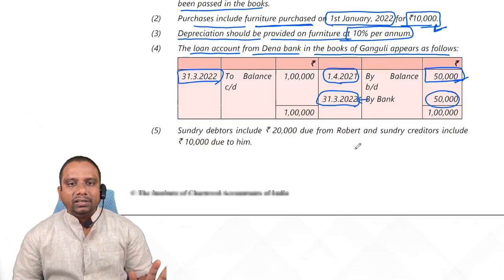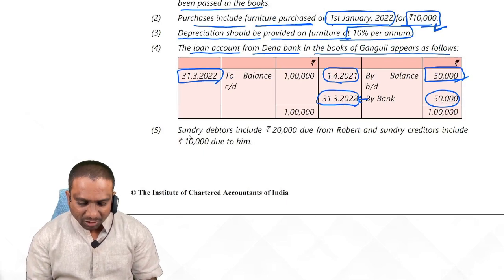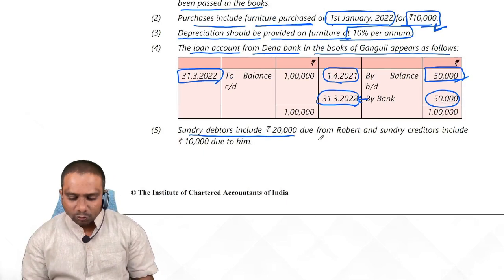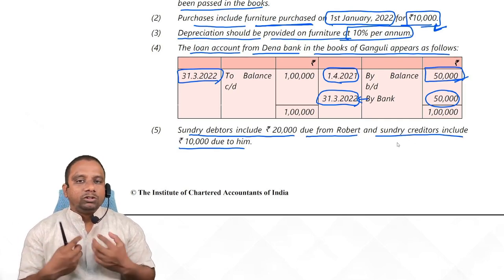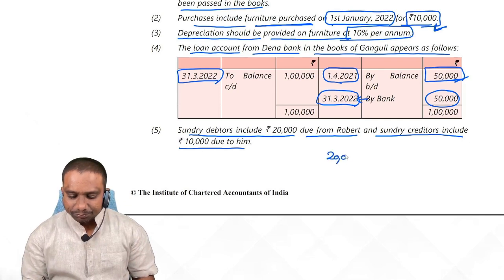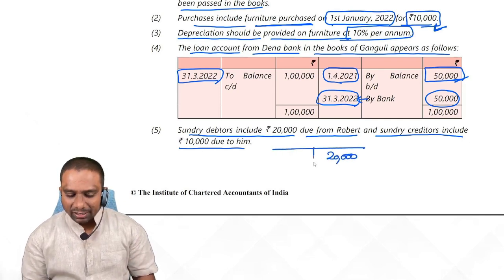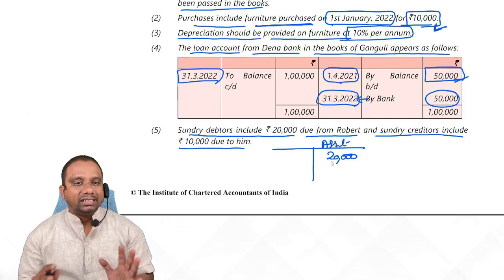Now, observe. Next, sundry debtors include 20,000 due from Robert and sundry creditors include 10,000 due to him. Actually, from Robert we have to receive 20,000. He is our debtor, an asset.